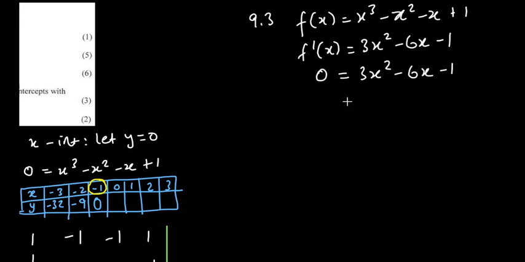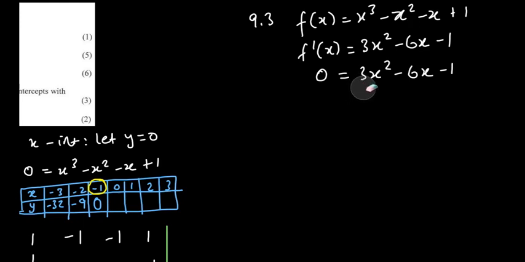The gradient is equal to 0 at the turning points. So you then solve for x. Let me see if it's possible to get it through factorization. No, it's not possible. So you need to use the quadratic formula there.